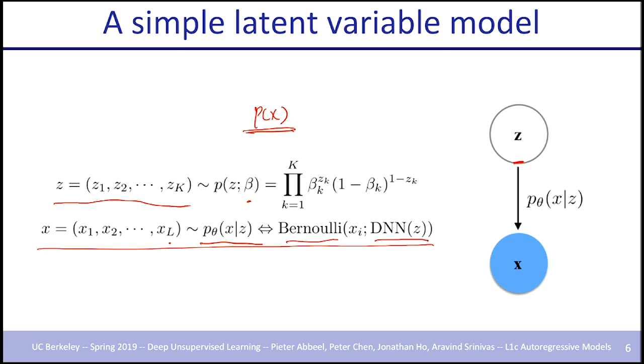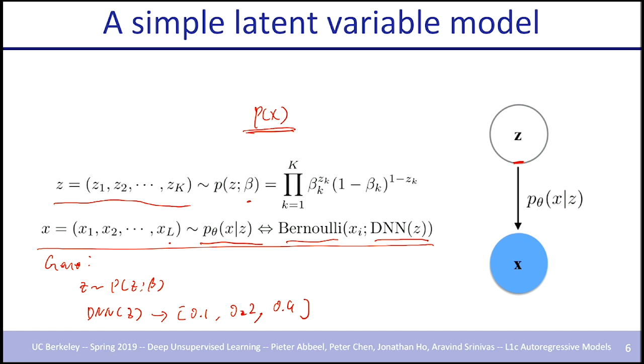So far so good. How do we generate something from this model? The generation path is, I first sample Z from P of Z. This we know how to do: we're just sampling independent Bernoulli distributions with some coefficients specified. Then after we get Z, we map Z through some network that gives me another chunk of parameters, like 0.1, 0.2, 0.9.